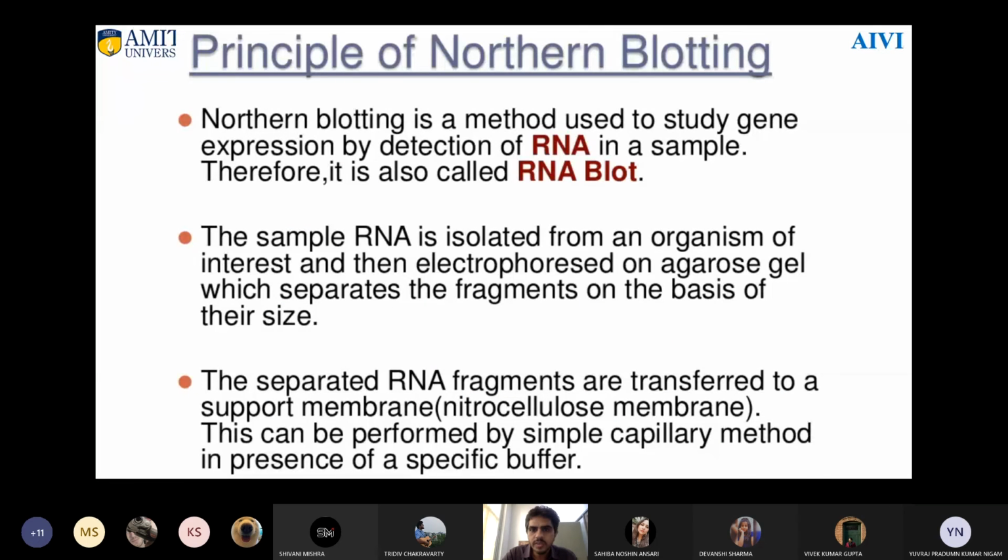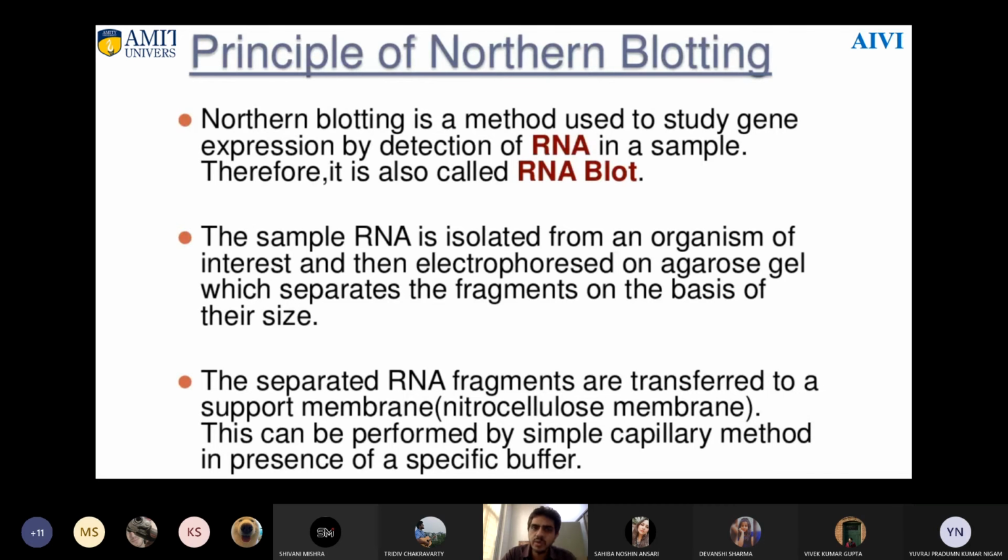Principally, Northern blotting is a method used to study gene expression, to detect RNA. The main simple thing is that you want to detect your RNA, whether your sample has the RNA of importance or not. RNA is only formed when transcription occurs; otherwise RNA is not going to form. So whether transcription is going on in the cell or not is the main aim of studying with Northern blotting.